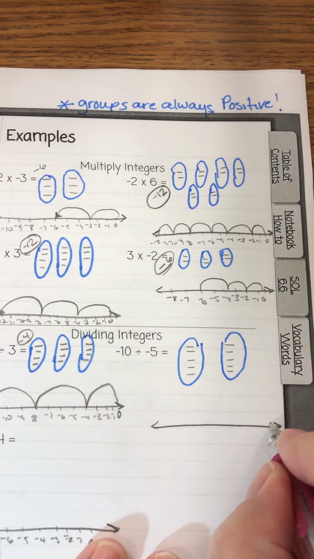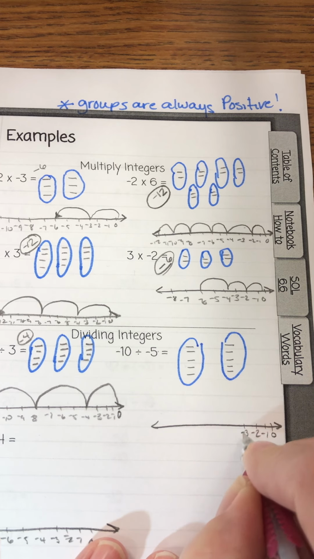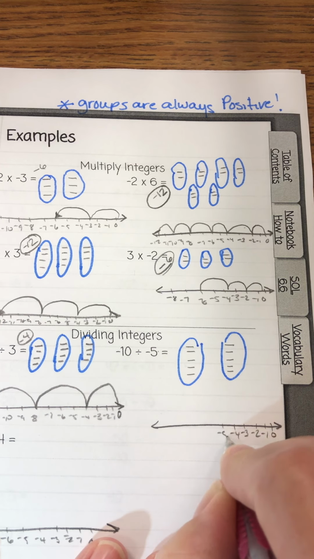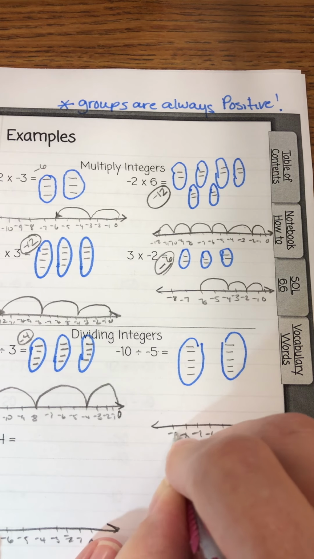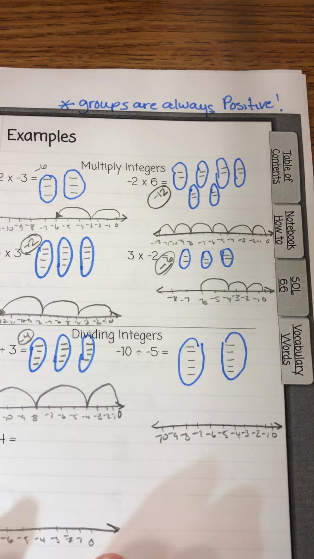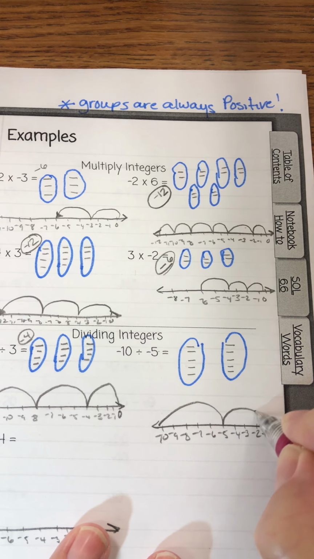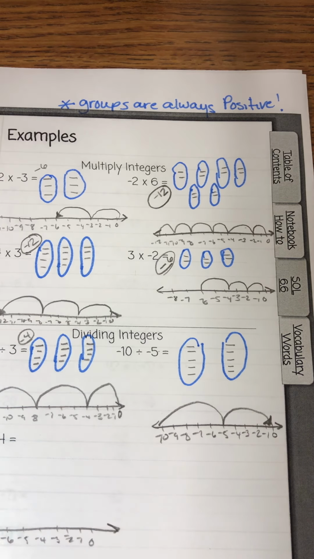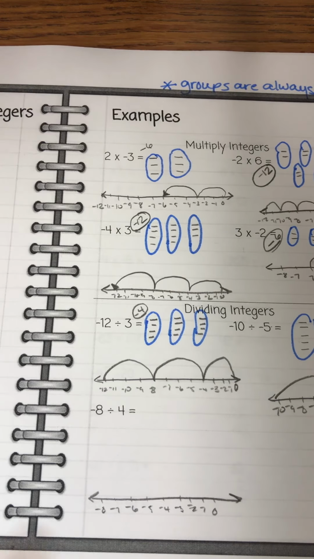So, on our number line, 0, negative 1, negative 2, negative 3, negative 4, negative 5. Okay, starting there, we got to have 2 groups. Nicely done.